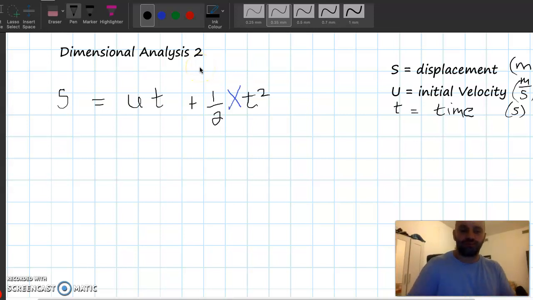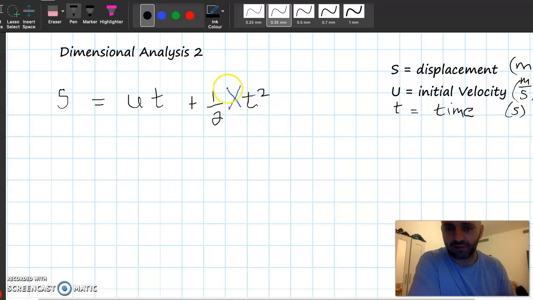Okay, so in this case we're asked to evaluate the quantity x here and see what kind of a unit is on our quantity x. So again, all the other ones are known quantities. S is displacement, u is initial velocity, so it's velocity in meters per second, and t is time in seconds.